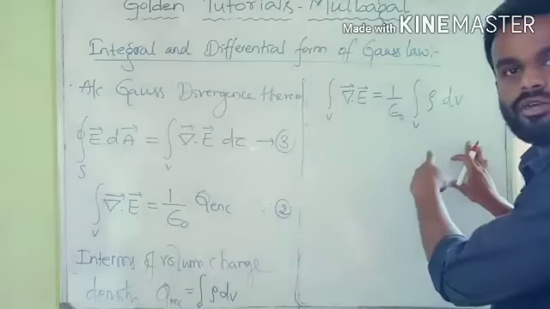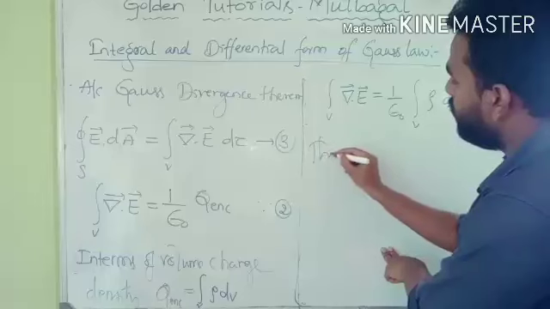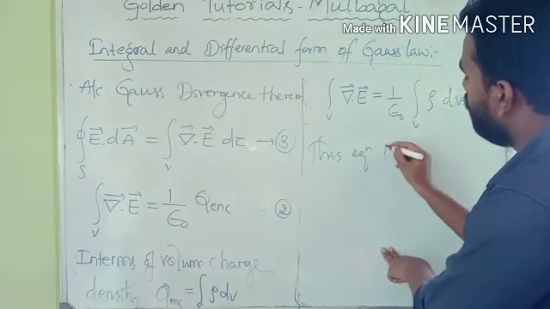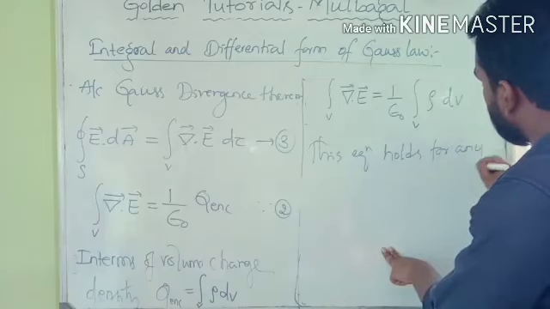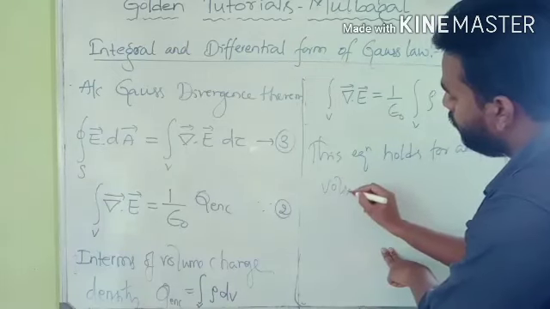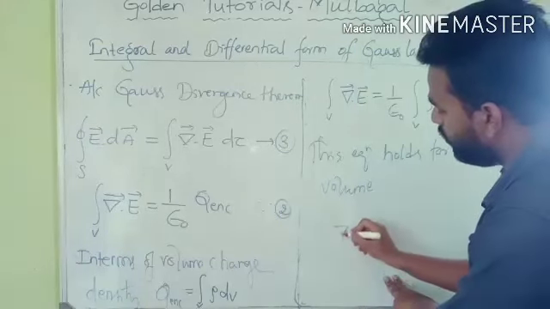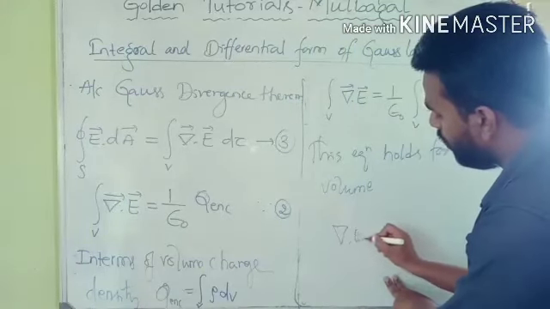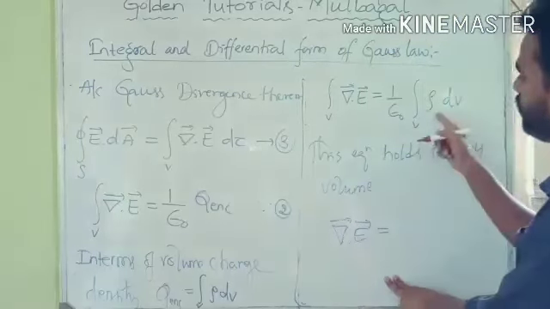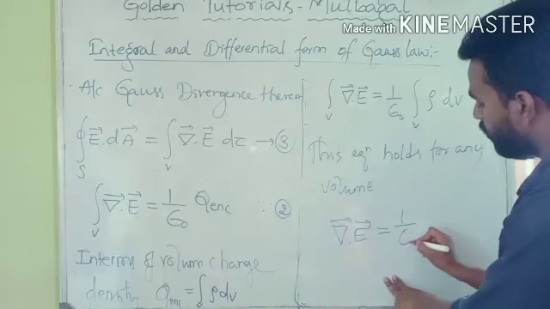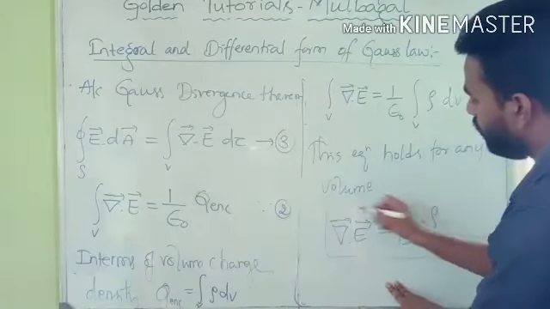Now see, this equation holds for any volume V. Therefore, the above equation can be written as del dot E, that is the divergence of E, is equal to 1 over epsilon naught times the volume charge density rho.